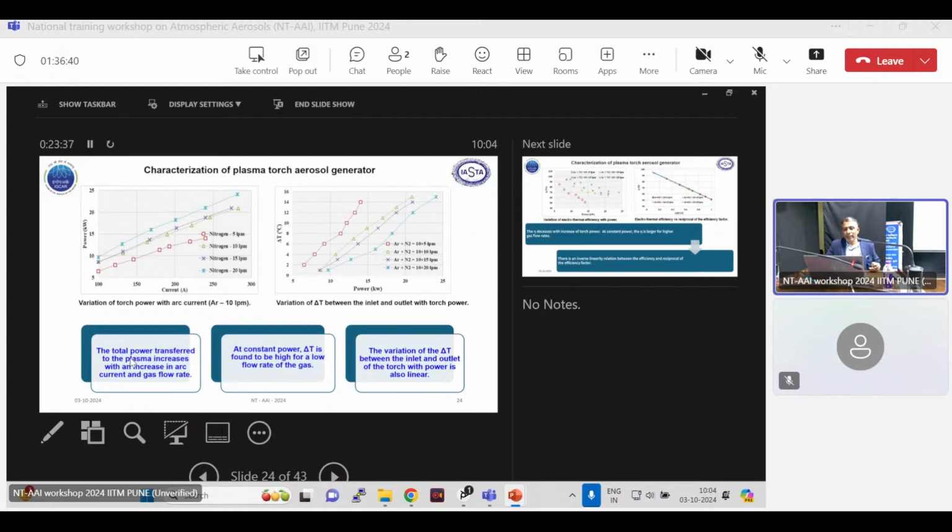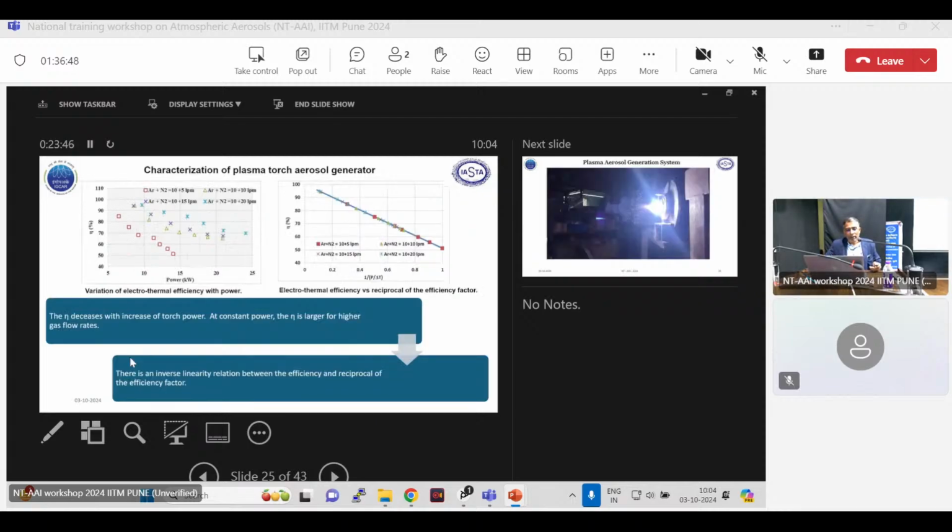We need to operate where the flame length as well as flickering is less. And then the efficiency of the plasma torch: because to cool the plasma body we use DM water, some of the input energy is carried away by this cooling water. So as power increases, the efficiency of the plasma torch will decrease.